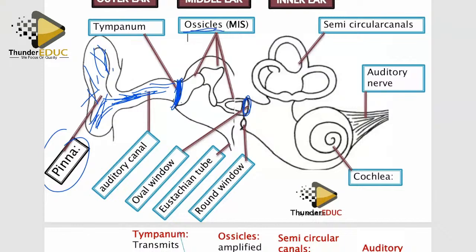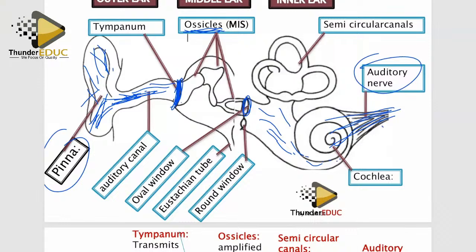The ossicles also amplify the vibration. So now the oval window will vibrate, causing the fluid in the inner ear to vibrate. The vibration of the fluid in the inner ear will cause the organ of Corti to be stimulated, firing the impulse to the cerebrum for interpretation via the auditory nerves. That is the hearing process.